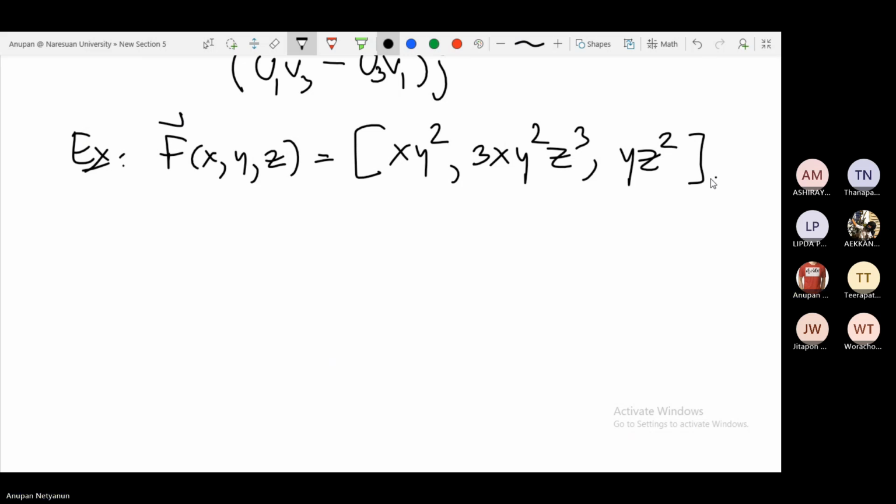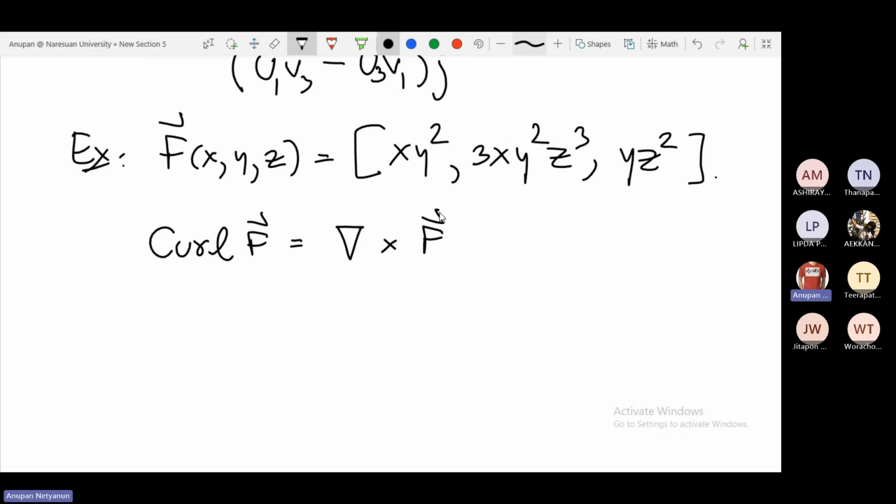Okay. So the curl of F is the gradient sign crossed with the vector F, right?